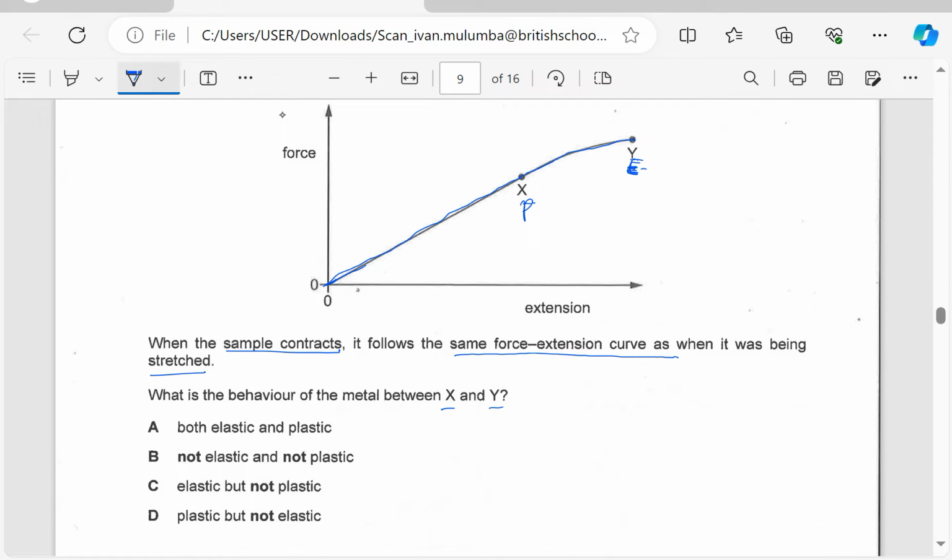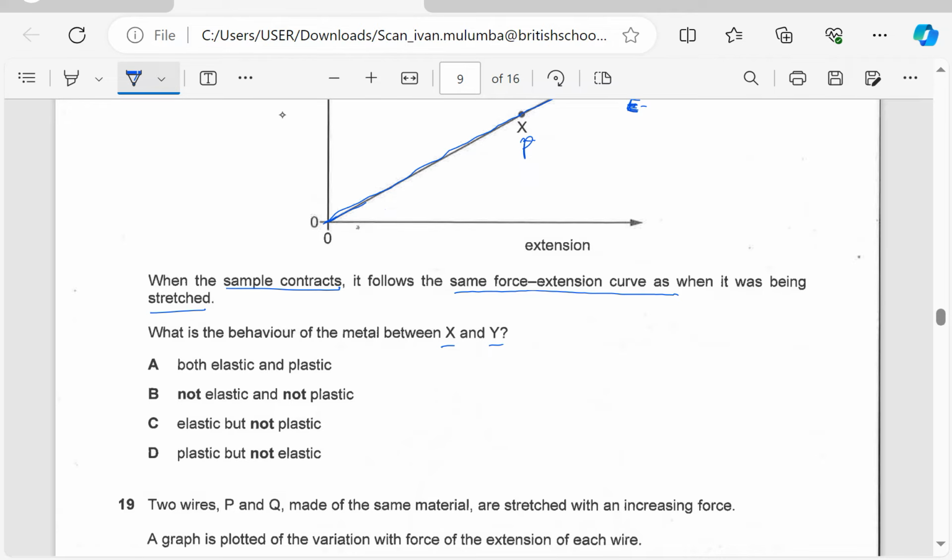This is also a past paper question. So both elastic and plastic deformation, no. Not elastic and not plastic. Of course, there is elastic deformation. So this is not correct. Elastic but not plastic. So the answer is going to be C. Plastic but not elastic. That is not true. We cannot have plastic before elastic.